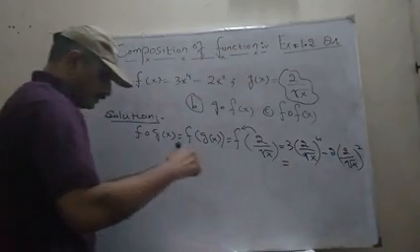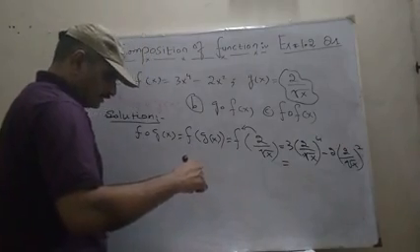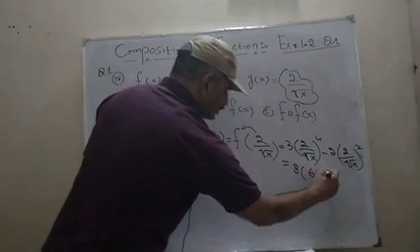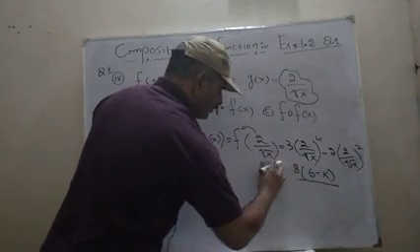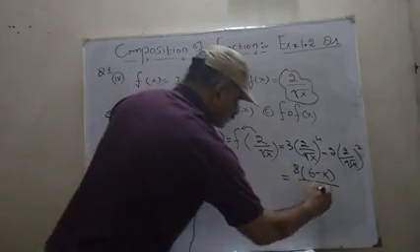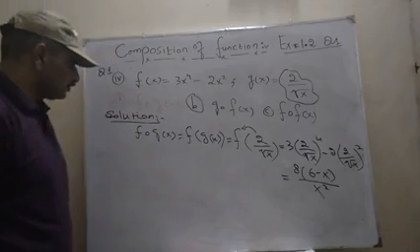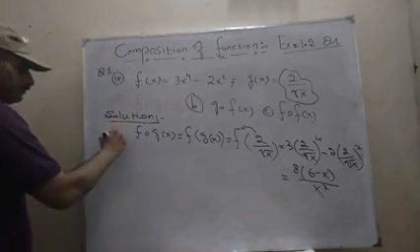After simplification you will get the result 8 times 6 minus x divided by x squared. You can verify the result yourself. So we have found here f of g.